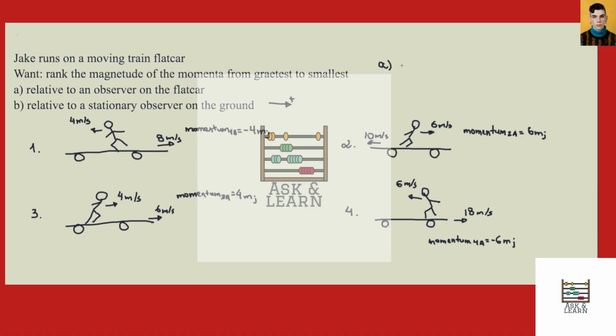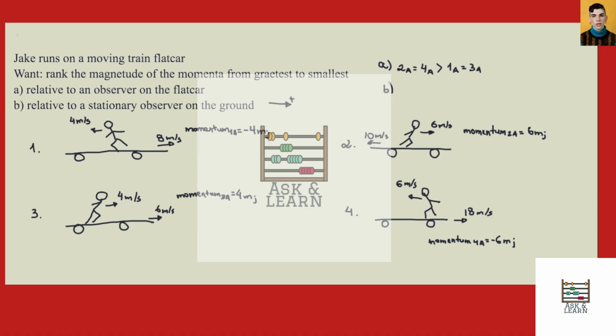So 2A is equal to 4A. And then these two are both going to be greater than the 4 mj magnitude for part 1 and 3. So bigger than 1A, which is equal to 3A.